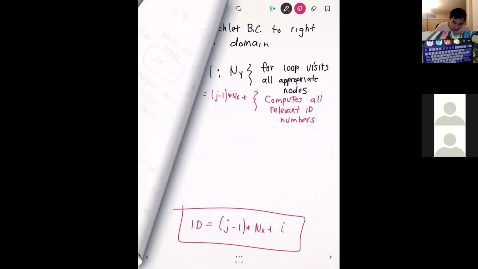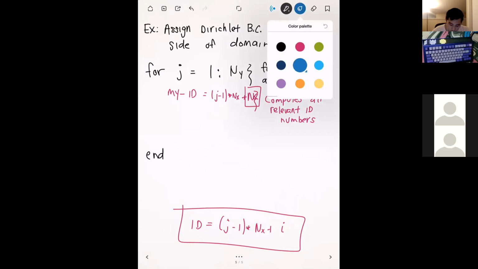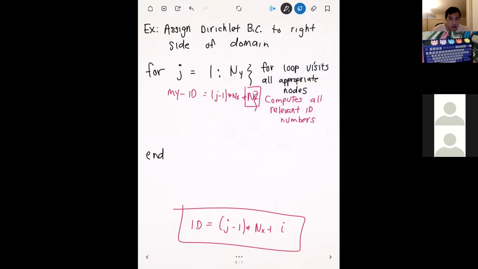And so instead of I in our general equation, we're just going to plug in nx because we're visiting just the nodes on the right side of the domain. So that kind of makes sense about why we write that ID number like that.